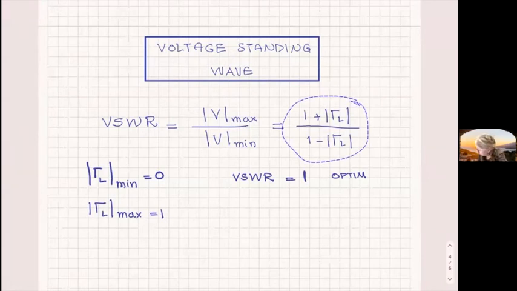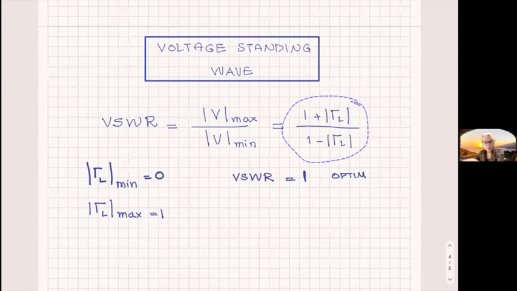And the worst, when is this worse? Infinite. It can go so bad that it becomes infinite. It does not show on my screen, but I'll tell you, VSWR for gamma L equals 1 is infinite, all right?